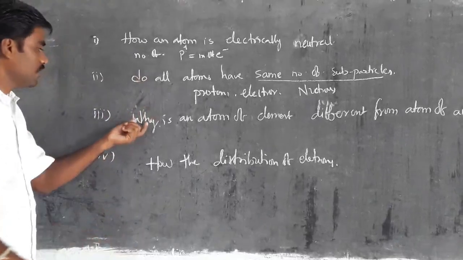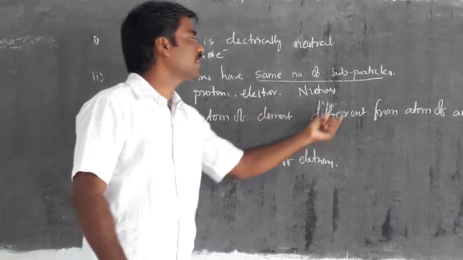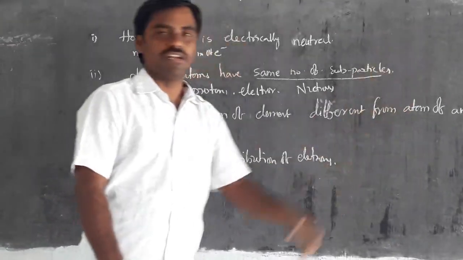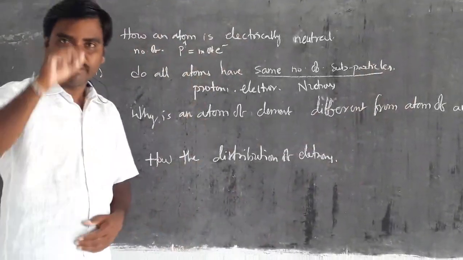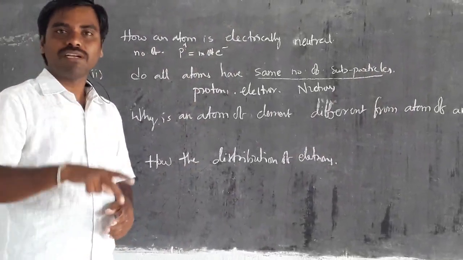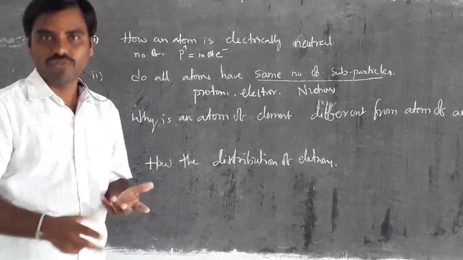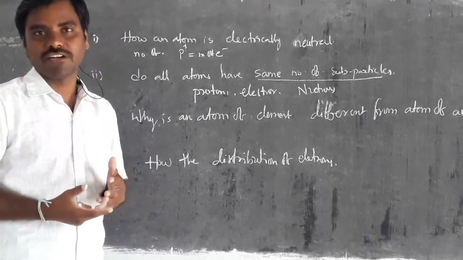One more question: why is an atom of one element different from an atom of another element? We already discussed that every matter has a particular property. That property is determined by molecules, and in molecules we have atoms. So the property basically comes from atoms.